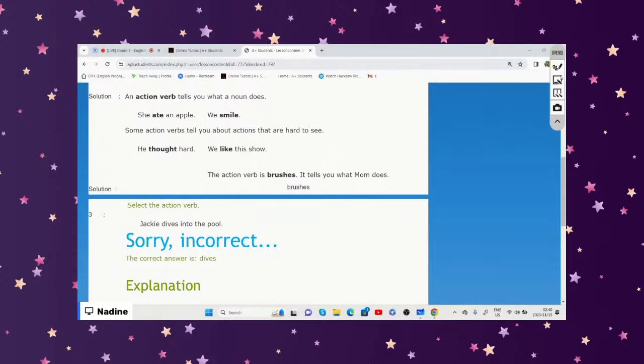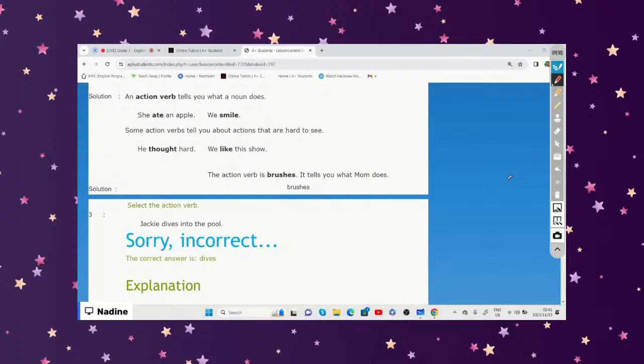And if we identify it, then we will say dives. And well done, dives is correct. So we said an action verb, it's a doing word.